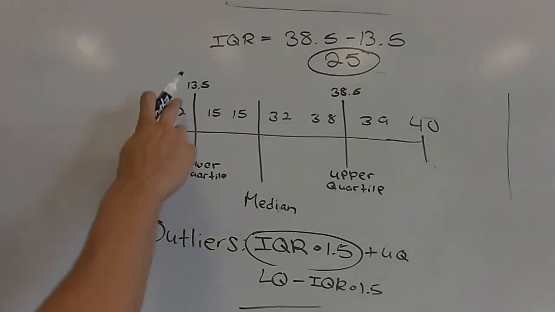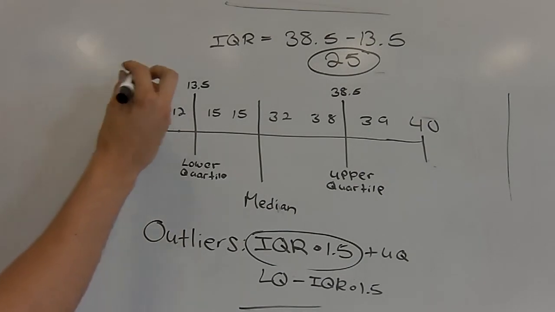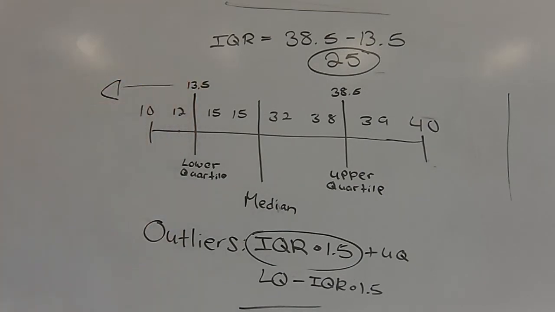So if I took 13.5 and I subtracted the 37.5, I would get negative 24. That's going to be way down that way. If any of my data was below negative 24, it would be considered an outlier. None of my data is below negative 24, so with my current data set, I have no outliers.